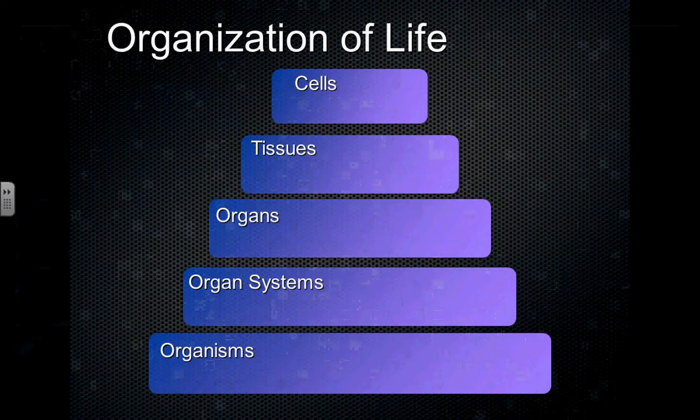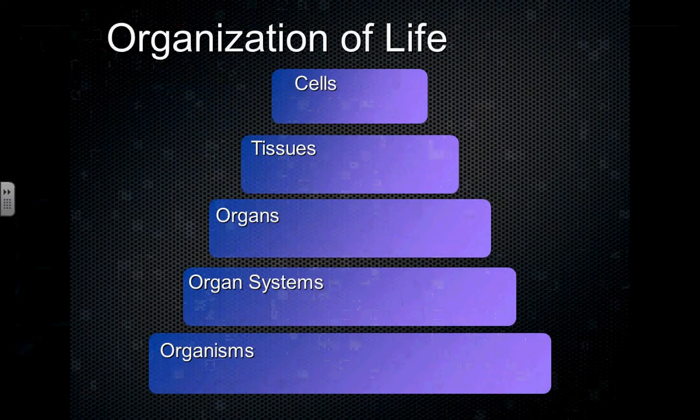All right, we just have a couple last things to do. First, we call this the organization of life. If you look at a complex living thing like a person, we say that there are different levels of organization. One of the simplest is cells.